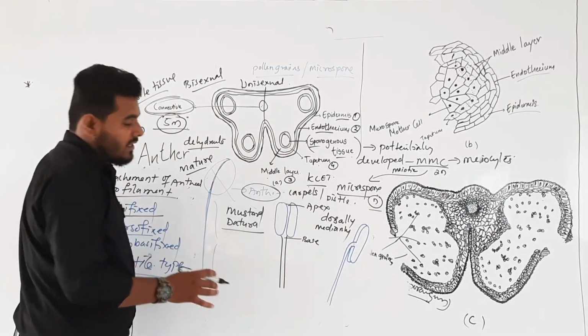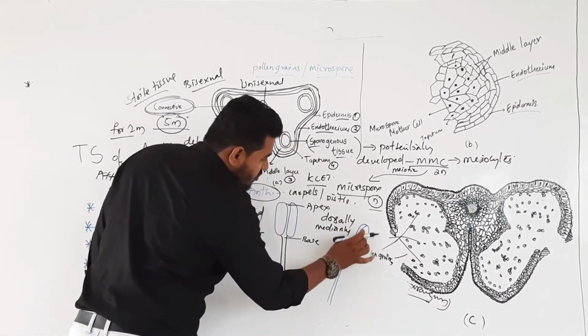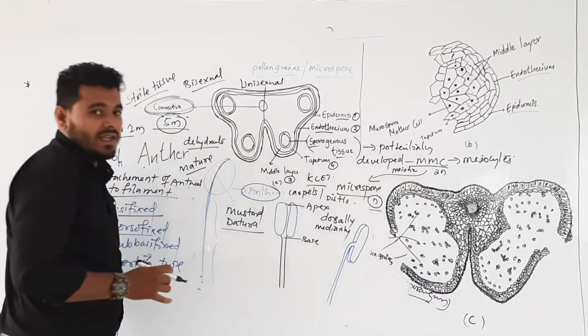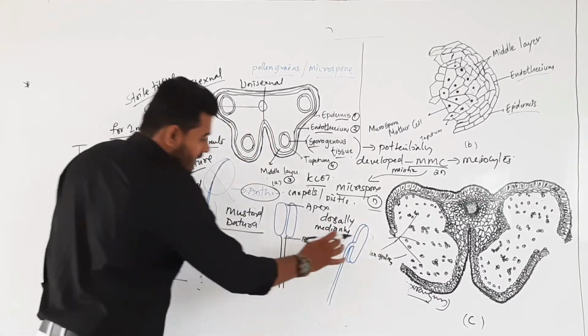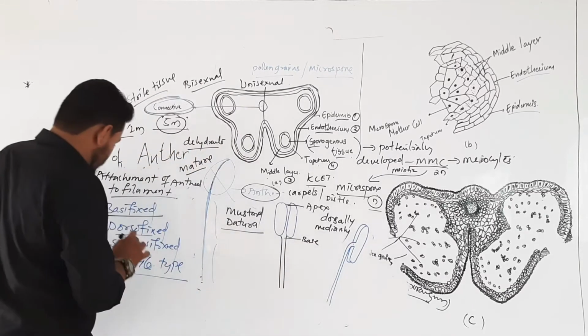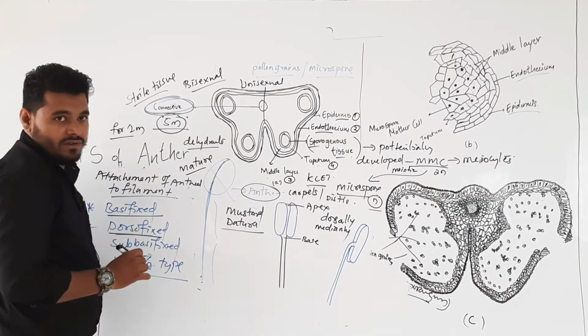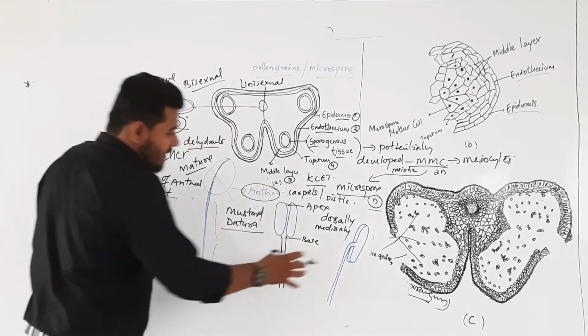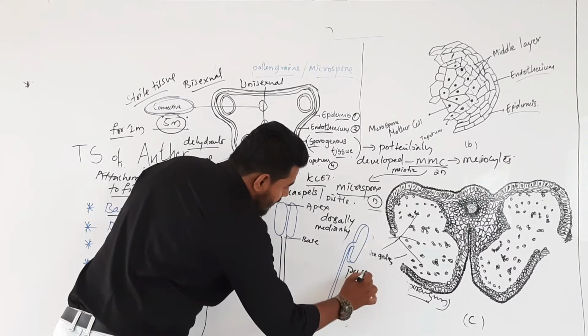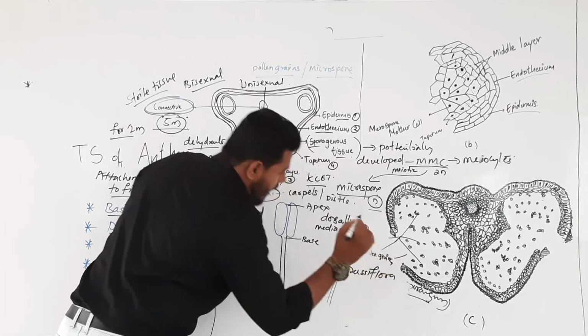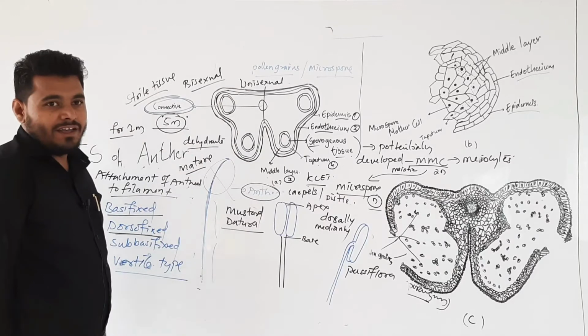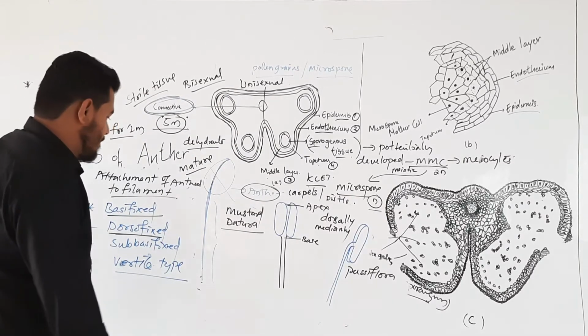Mid-dorsally, this filament is attached to these lobes of this anther. If that type of attachment is there, it is called dorsifixed. You can take the example of Passiflora plant. This type of attachment is seen in this plant.